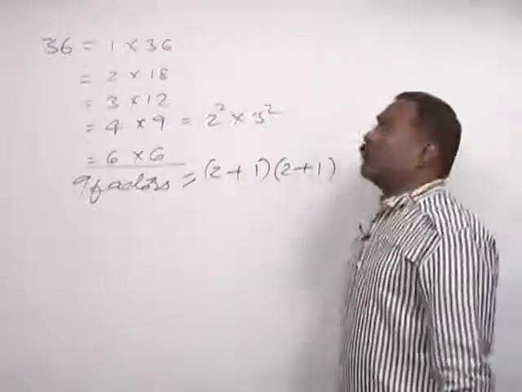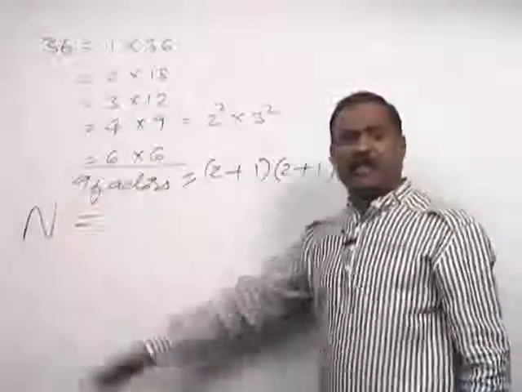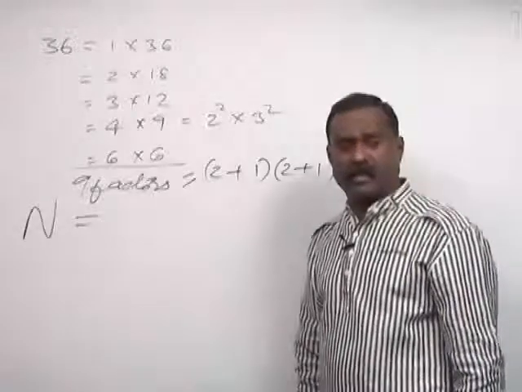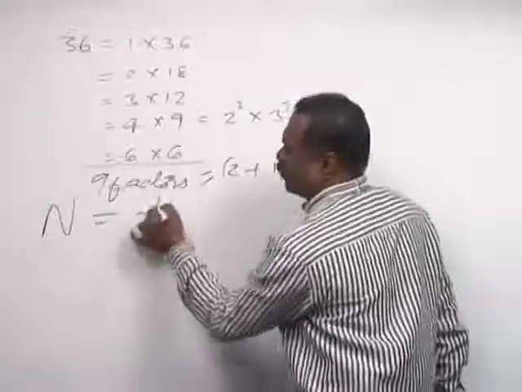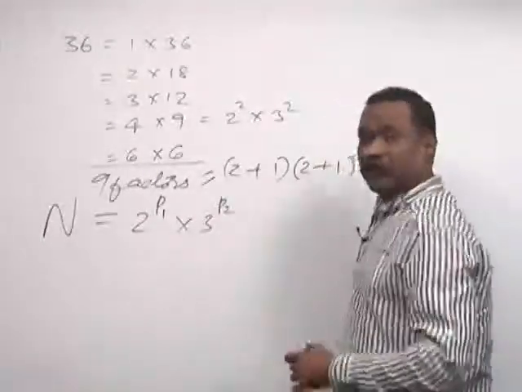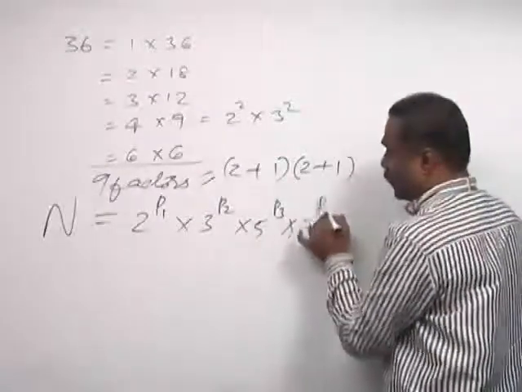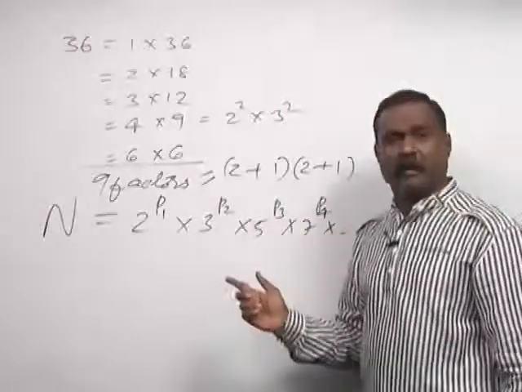So understand it, whenever a number is given like this, capital N, let me say it's a natural number. If you want the positive divisors or positive factors, then you have to prime factorize this. What are the prime factors? You know, it is 2 power P1 into 3 power P2 into 5 power P3 into 7 power P4 and so on like this. You have to prime factorize the given number.